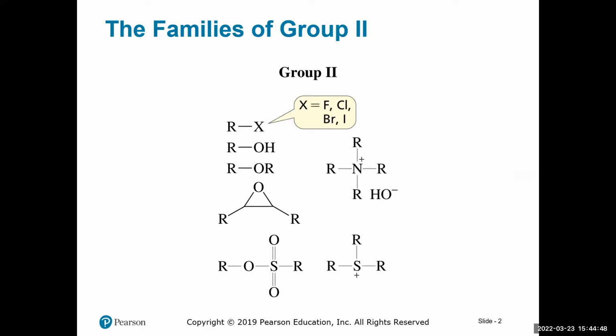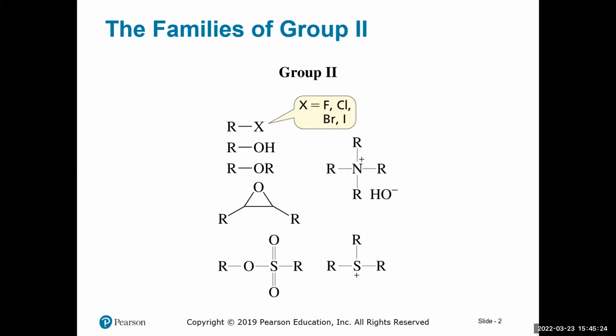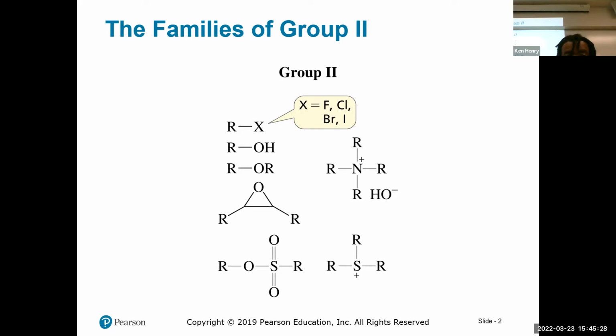So these are group 2. Do you guys remember this group? A hydrocarbon and an X, what would that be? Where X stands for fluorine, chlorine, bromine, and iodine. If we have a carbon chain, we always make reference to a carbon chain as what? If it's all single bonds, alkanes, okay?